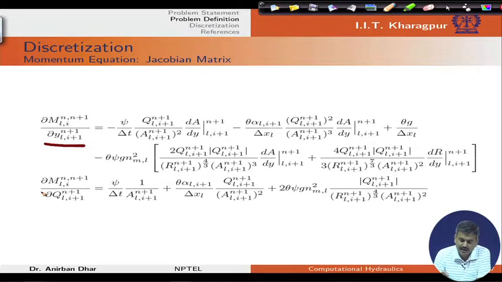Again we can see that these mod values are used for the S_F calculation or the derivative of S_F terms, and in this case we have dR by dy and dA by dy, and these values are to be calculated from section dependent values. In this case we have a rectangular section. So, dA by dy is essentially the width of the base, or the width of the channel, for the rectangular case.